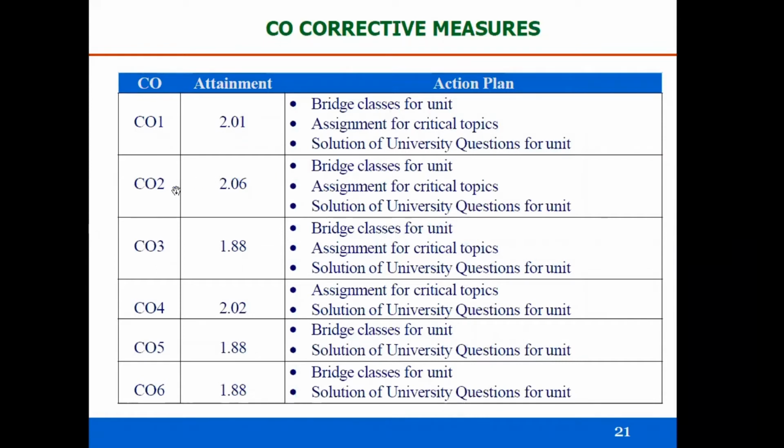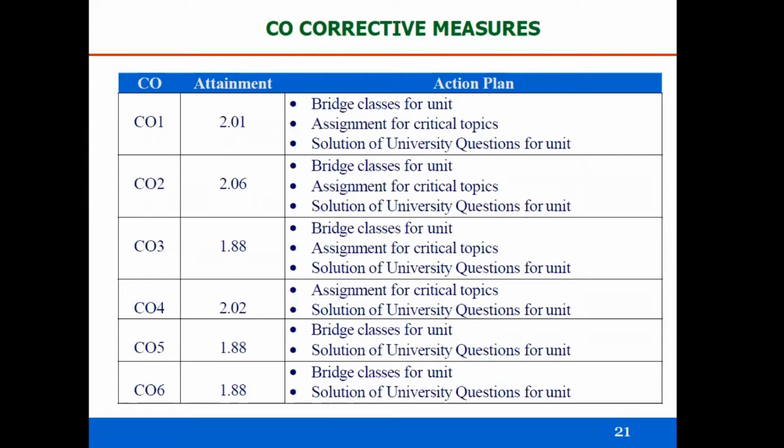Then similarly for CO2 also, similar points. For some COs only a few are included, for some COs all are included. Like that, you have to provide an action plan for the COs with the corrective measures. Now suppose next year, first or second semester, the new batch of students studies the same course in the same curriculum.